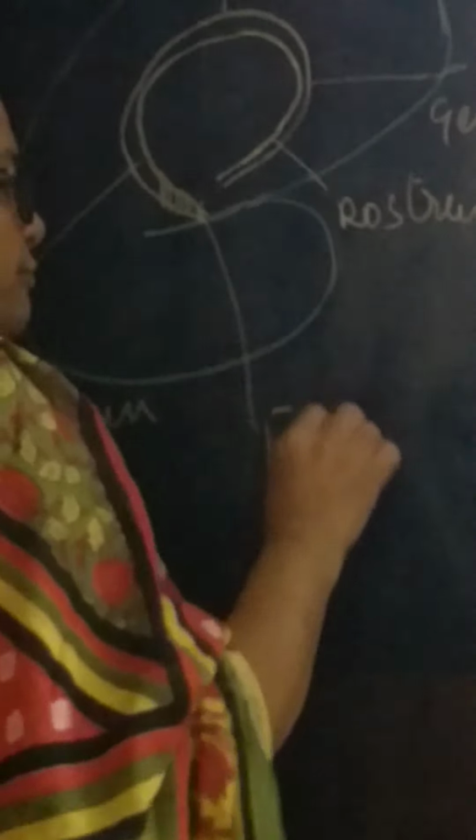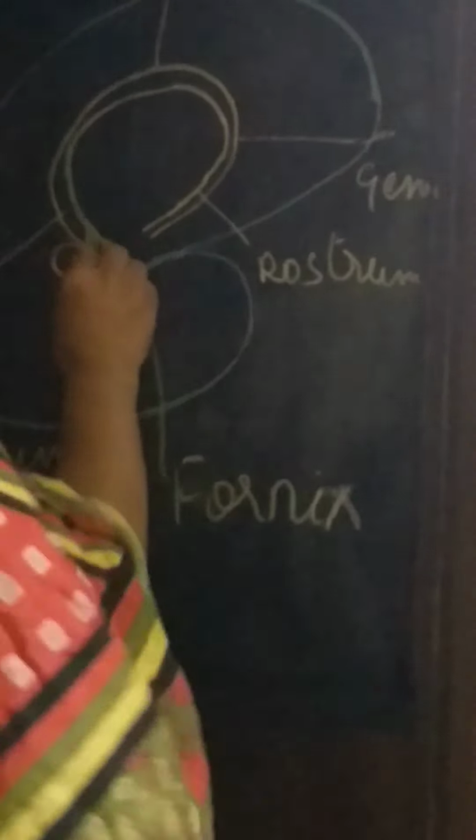This corpus callosum continues down. This portion down from the splenium is called the fornix, and below the fornix is situated the thalamus. So this is the thalamus.